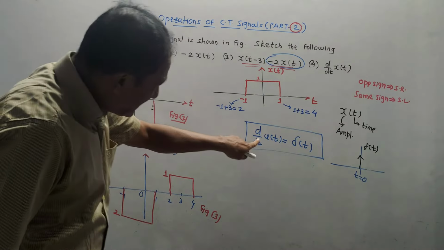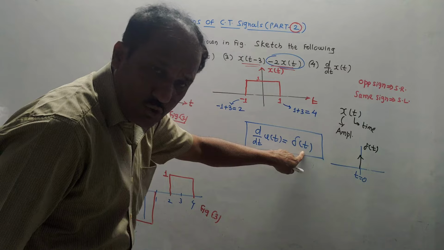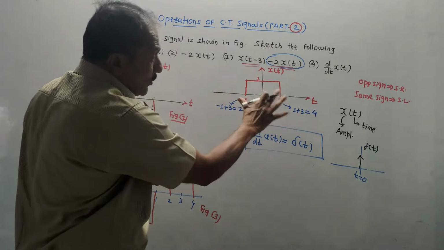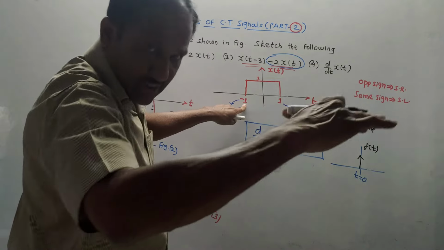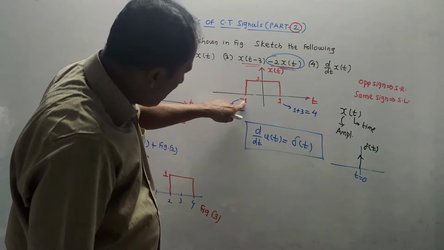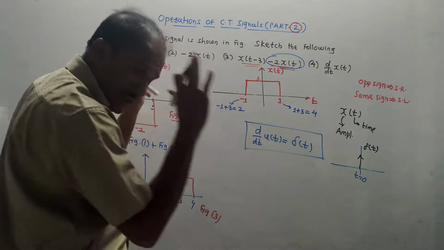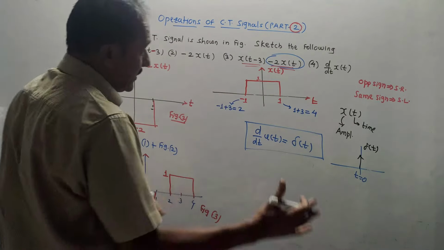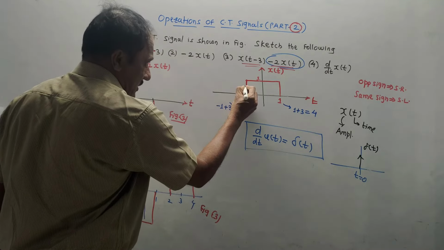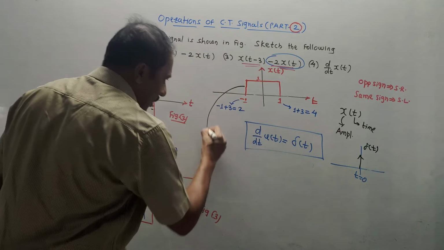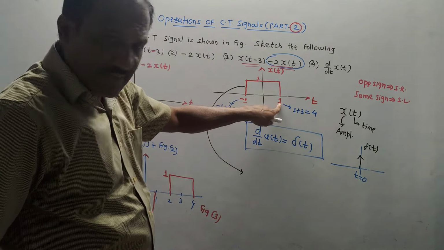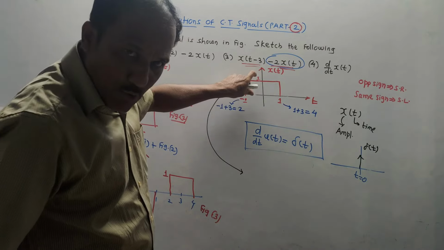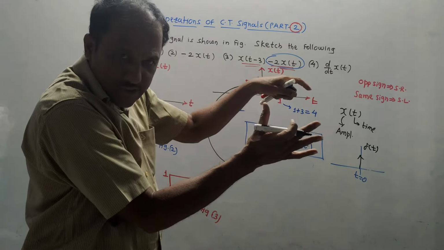Now we know this rule, d by dt of u of t is equals to delta t. But I don't have unit step, rather it is a unit step in the range. It is a step signal, unit amplitude signal from -1 to +1. So directly I am telling you the shortcut without increasing the complications. So if you want to perform derivative of this diagram, check the limits. It is from -1 to +1 and it is like unit step only, because amplitude of unit step is 1.